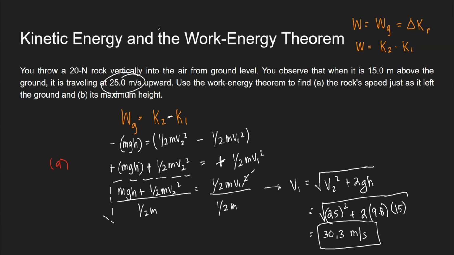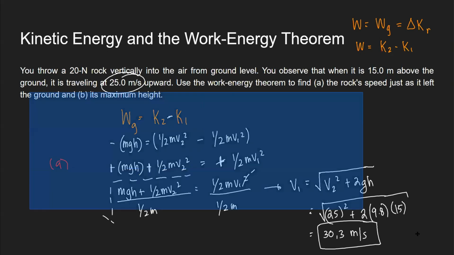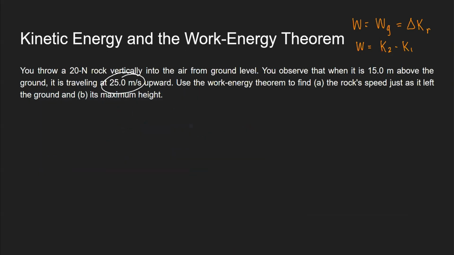Right, and for letter B, we're looking for the maximum height, which is v2 equals 0, because that's the maximum height. For letter B, what is your h max?